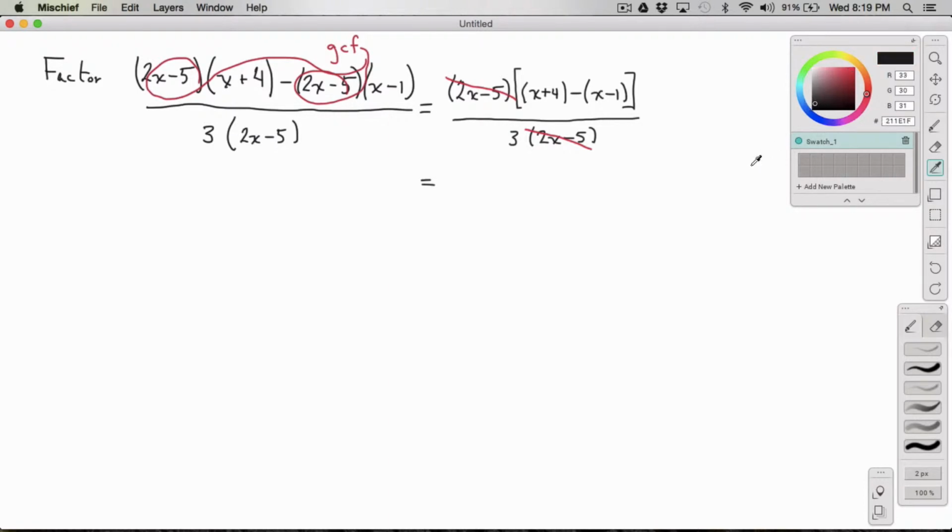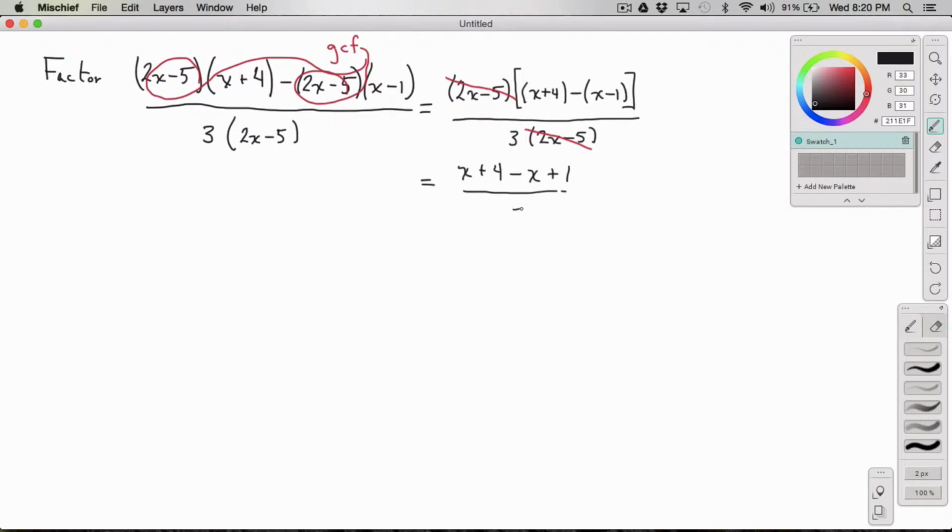Now, in the numerator, to remove the parentheses, all I have to do is distribute through. The first set of parentheses only have a 1, so they just become x plus 4. If I distribute the negative sign, this becomes a minus x minus a negative 1, that's really just a positive 1.